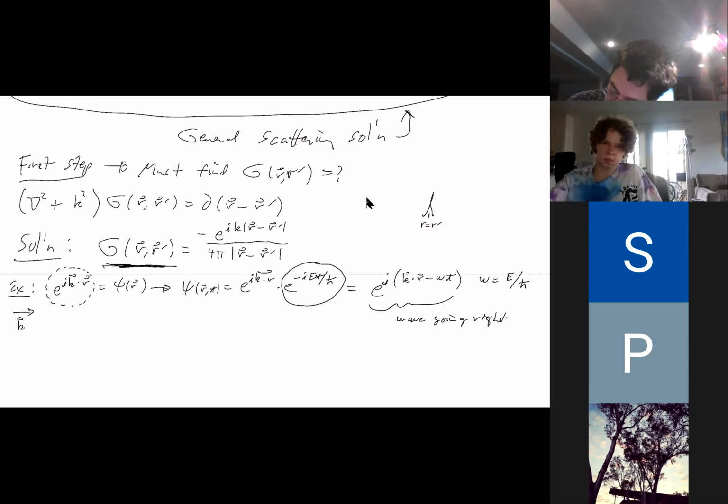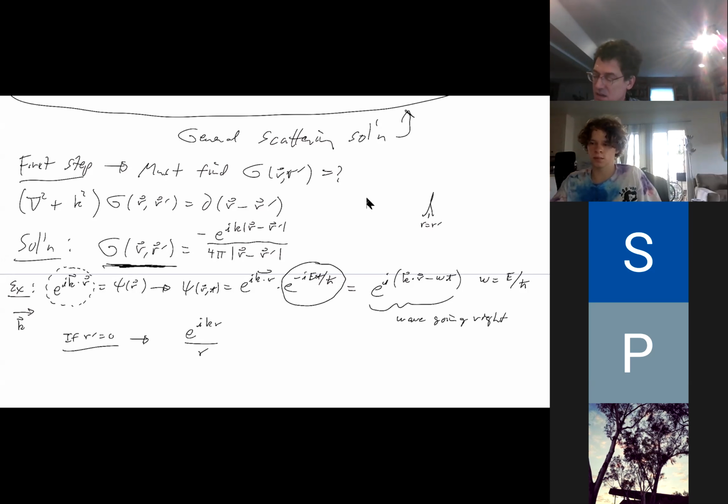Let's consider r prime at 0. If r prime equals 0, then what we have is e to the i k r over r. I'm leaving out the constant, I guess there's a minus 1 over 4 pi. What's e to the i k r over r?